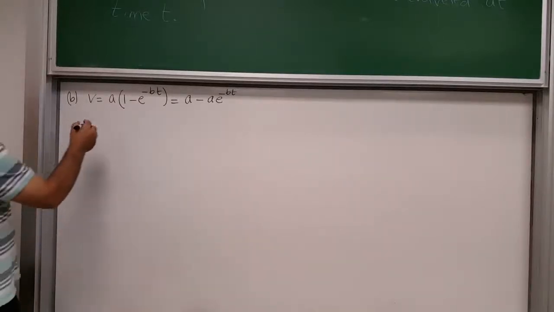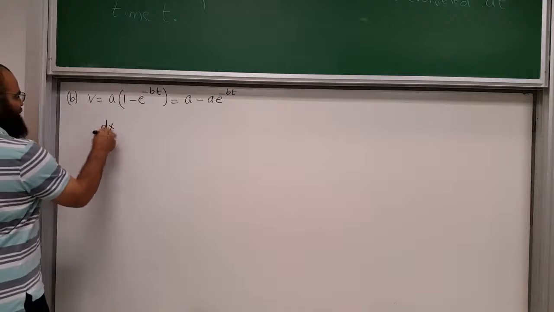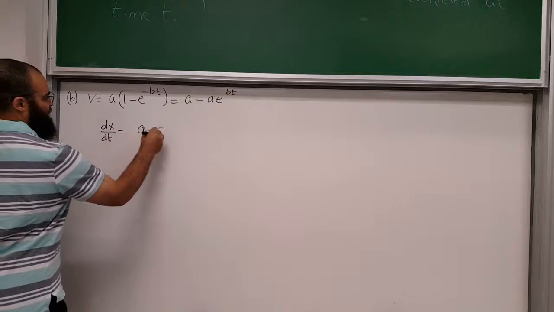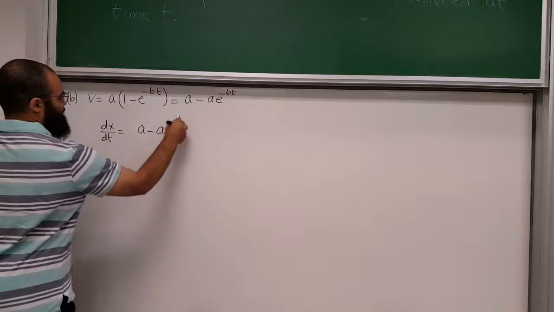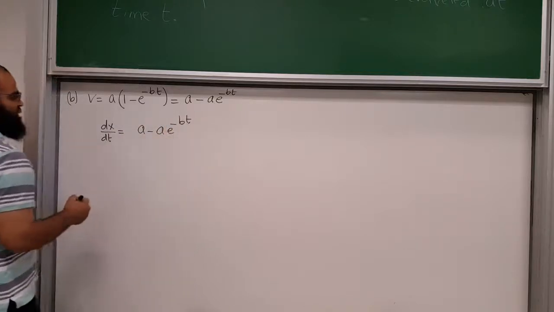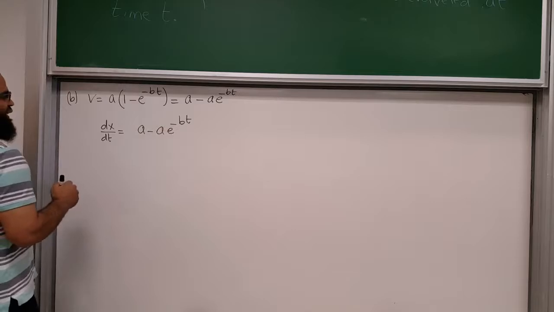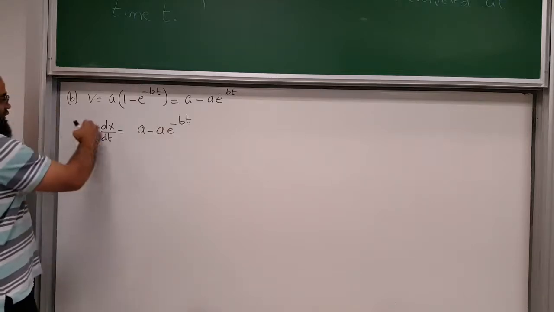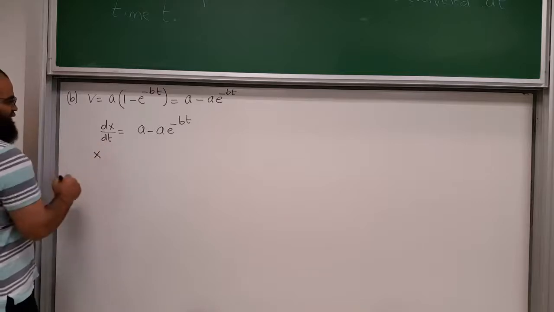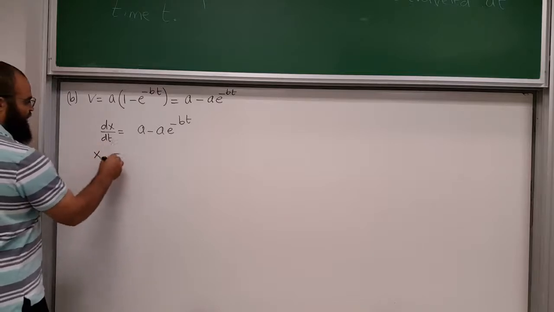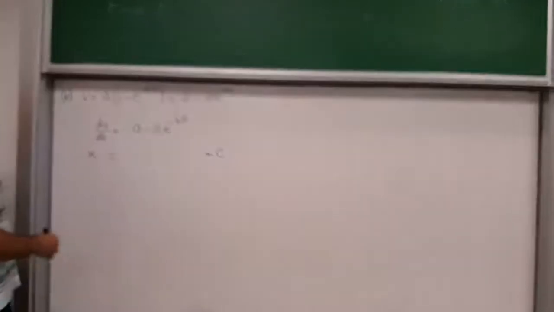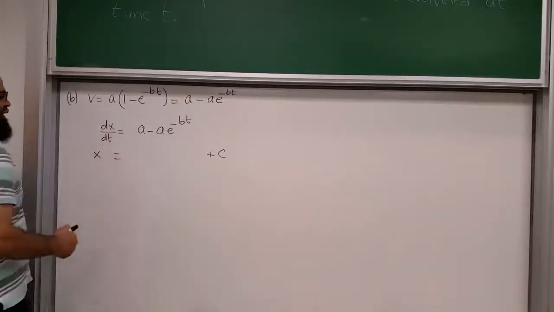But velocity is dx dt, so I know that dx dt is equal to a minus a e to the minus b times t. And I would like to get x, I have to integrate both sides. So the integral of this will just give me x plus a constant. The constant, I will just banish it to the end here, plus a constant. And then for this, let's integrate it.